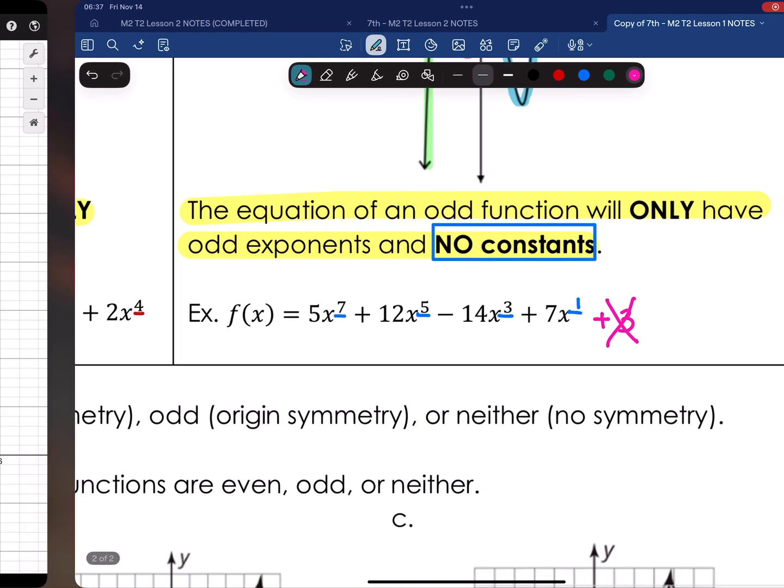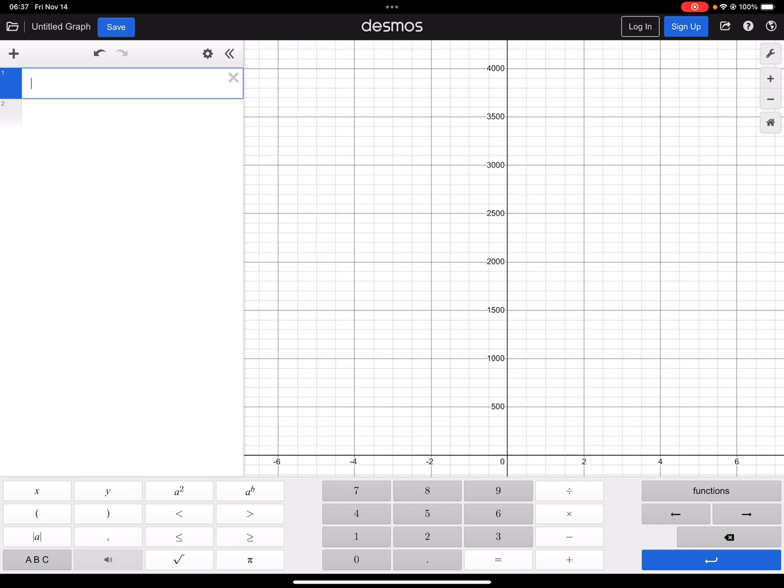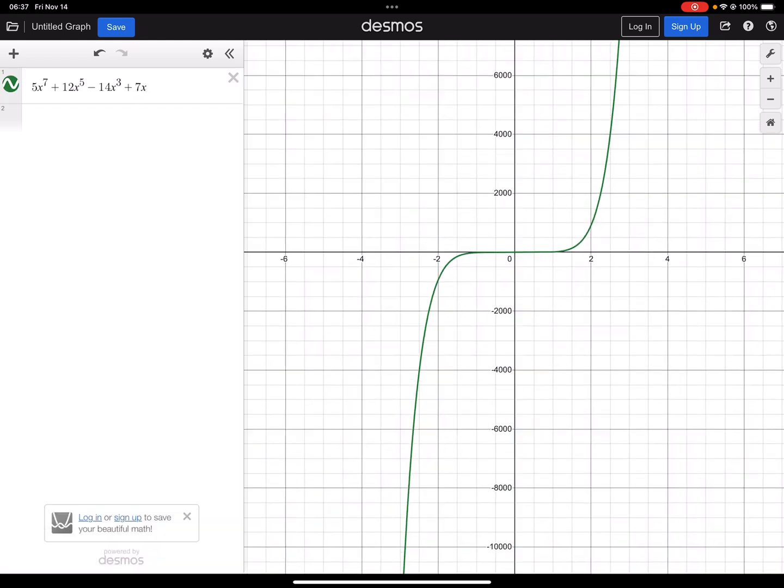So to look at Desmos, just so you can see, I'm going to type that in. Okay, so let me zoom out just a little bit.